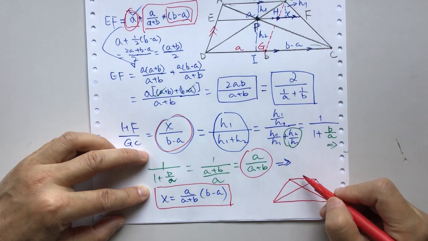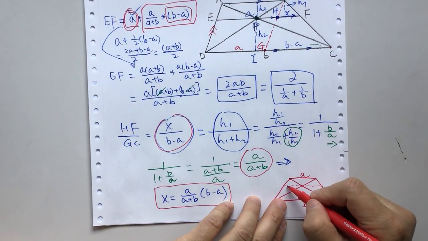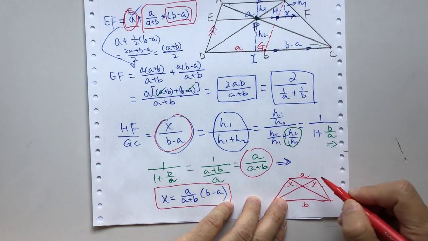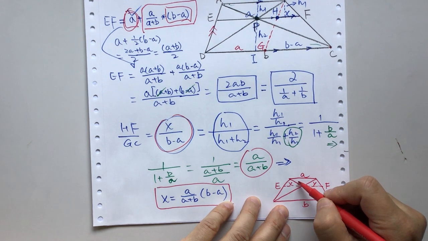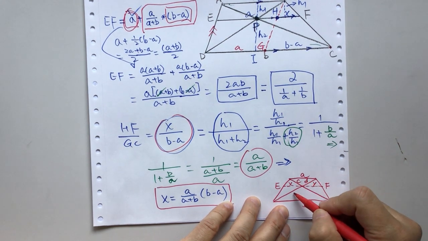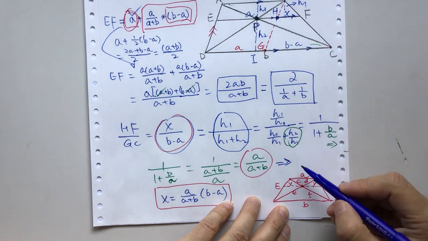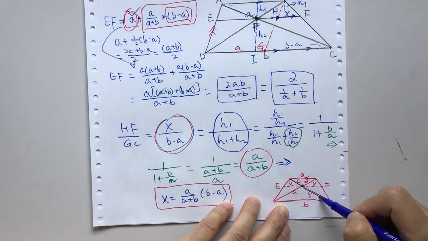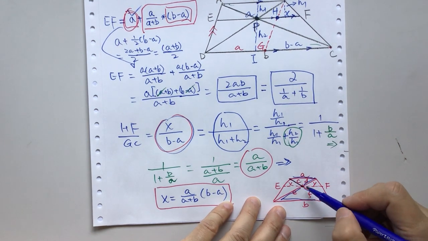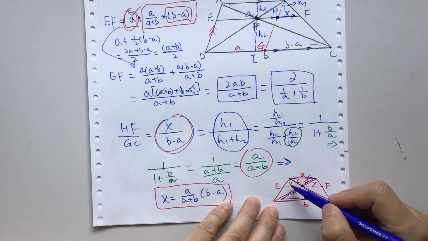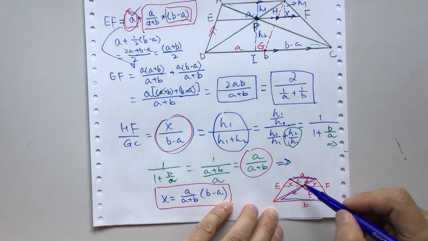This is A, this is B. If I say this part is X and this is Y, then EF equals X plus Y. Because this triangle is similar to this triangle, right, you will find the ratio equals X over B. Then you will find the same thing for Y. Finally, you will find the same answer.